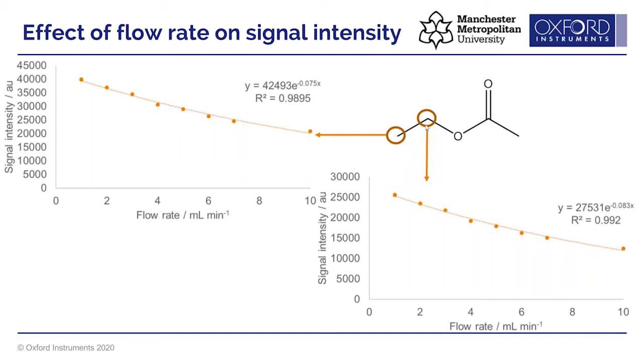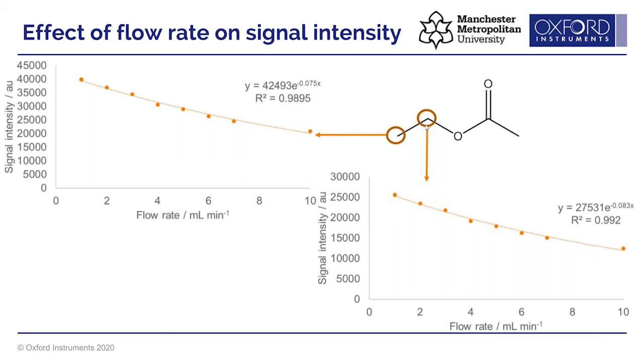And we can see there is a slight drop off in signal intensity going from the slowest flow rate up to the quickest flow rate. I'm going to show you in the next slide why that is. But in terms of the actual quality of the spectrum we're getting here, it doesn't ultimately matter what kind of flow rate we use. We can monitor this at quite quick flow rates, which is quite advantageous if we've got a reaction that's proceeding very quickly.